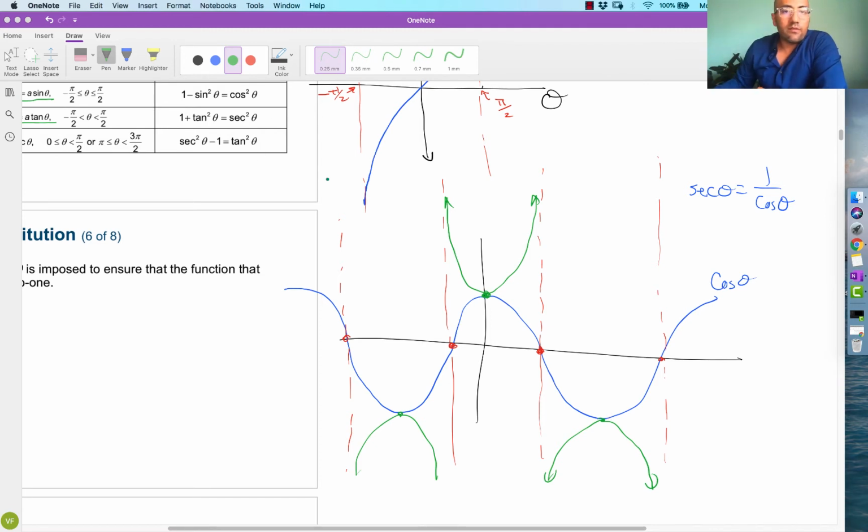Right, so the one-to-one function then is going to be just, let's put it in purple. It's going to take my secant graph, and it's going to take that part of it, and it's going to come over here and just take that part of it. Okay, so from 0 to pi over 2, and then from pi to 3 pi over 2.